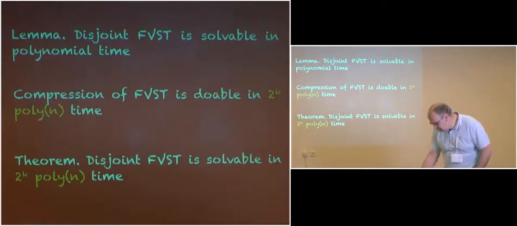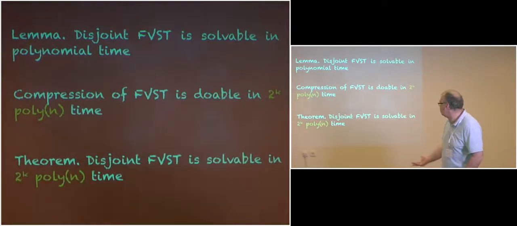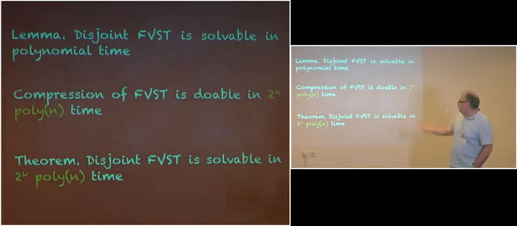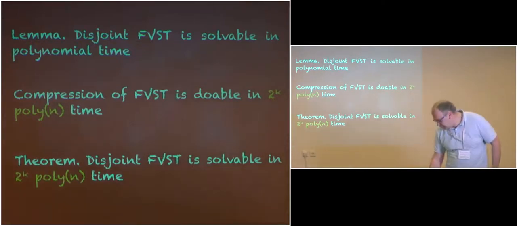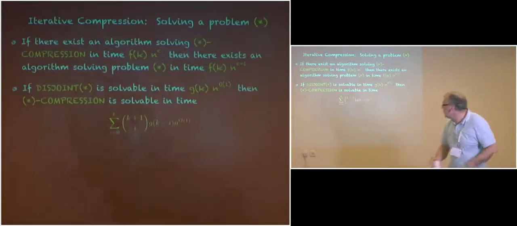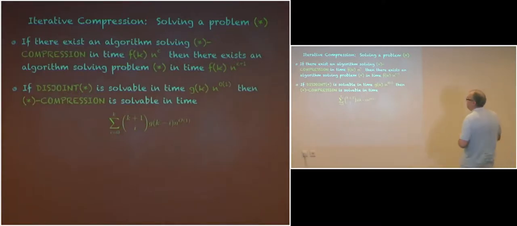And then this means feedback vertex set on tournaments is solvable in 2 to the k times polynomial time. Once again, when I do iterative compression of this algorithm, I can solve the problem in time 2 to the k times polynomial.